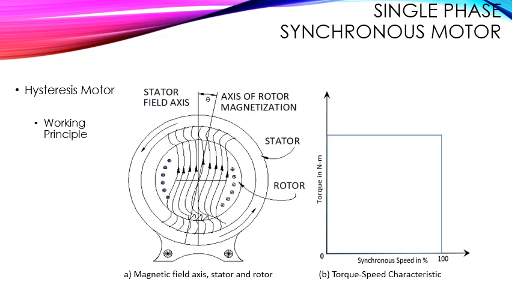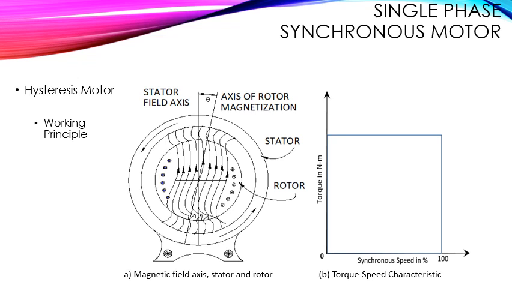The revolving stator flux magnetizes the rotor, but due to the hysteresis effect, the axis of magnetization of the rotor lags behind the axis of the stator field by the hysteresis lag angle theta, as shown in figure A. From figure A, it is clear that the axis of rotor magnetization is lagging behind the axis of the stator field by an angle theta.